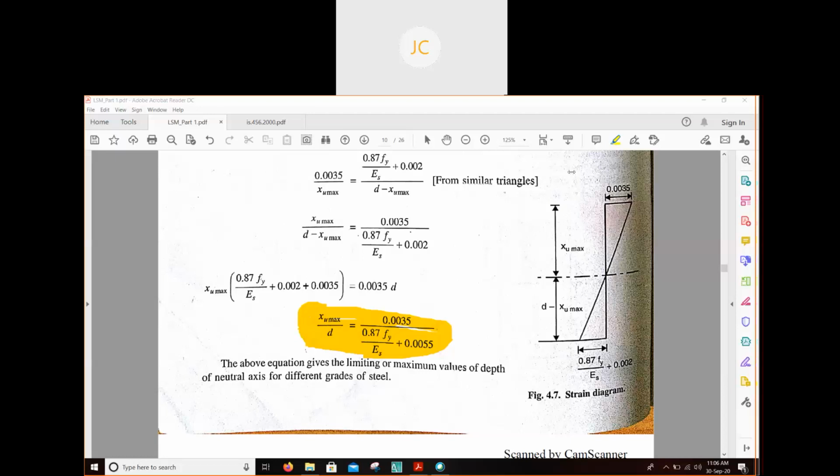So the limiting value or maximum value of depth of neutral axis means the maximum depth of neutral axis which is limited to ensure that the tensile steel will reach the permissible stress before the concrete fails.